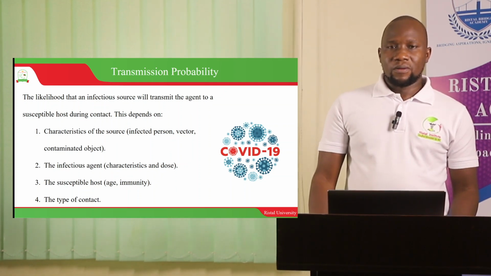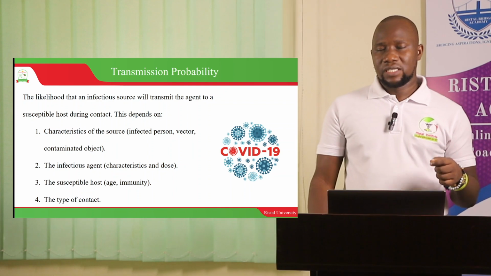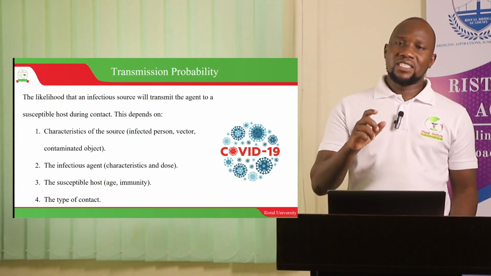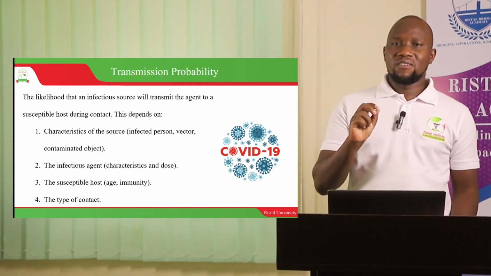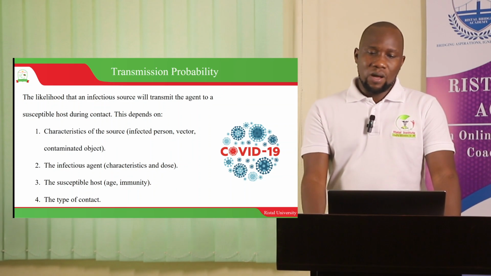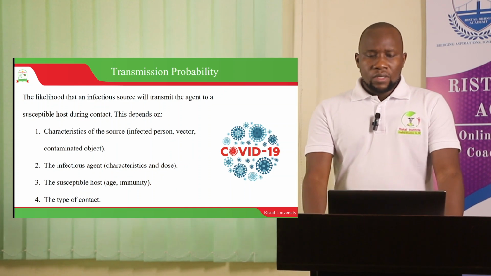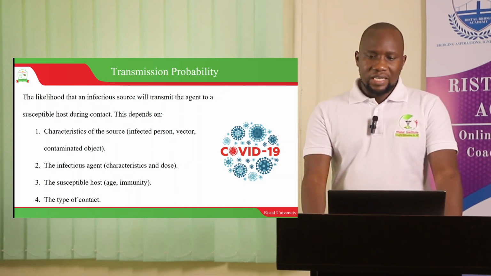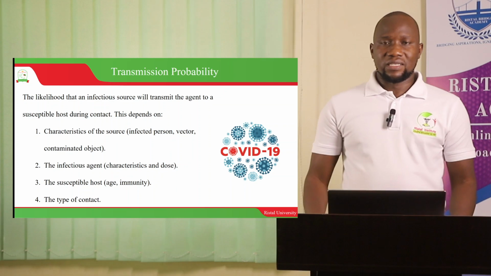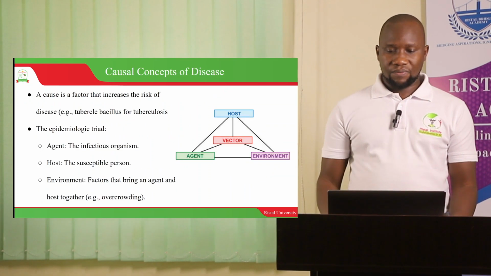For the elderly and those that had other comorbidities, those who recovered had severe experiences, compared to those that were immunocompetent and perhaps young. Okay, so those are the factors that can determine the chances that an infection can arise in a susceptible host who has had contact with an infectious agent.